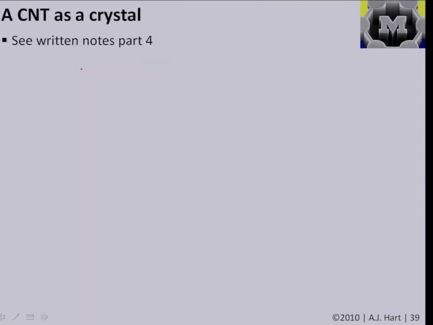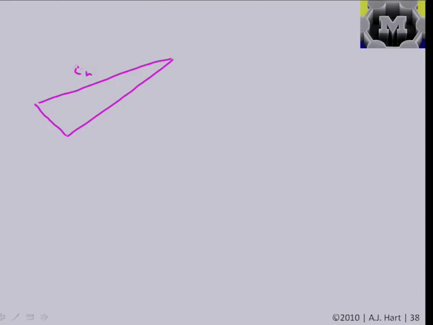So with this idea of n and m and the a1 and a2 vectors and the circumferential vector, we can start to do a bit of math. So now imagine we have our waistband for our nanotube, so our circumferential vector C_h.